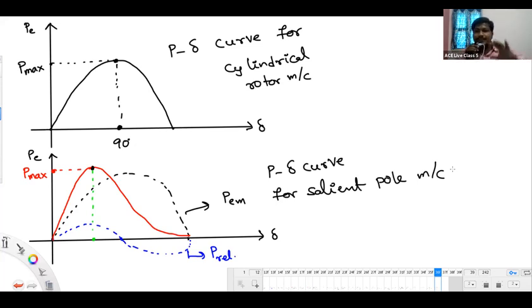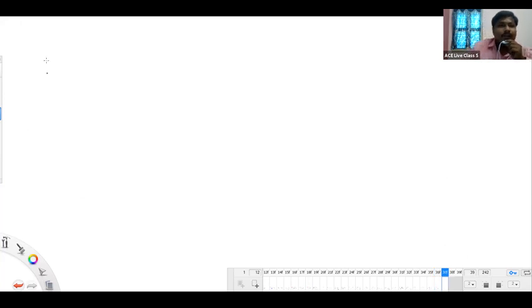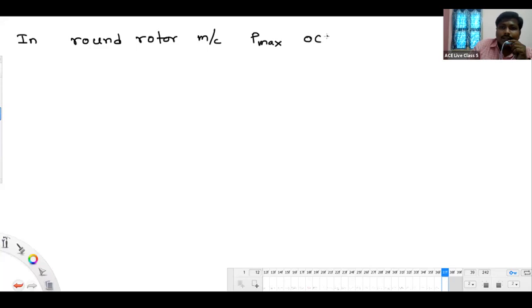Now, whatever I discussed till now, I am going to write. Just observe here. In a round rotor machine, round rotor, nothing but cylindrical, P max occurs at what angle? Delta equals 90 degrees.